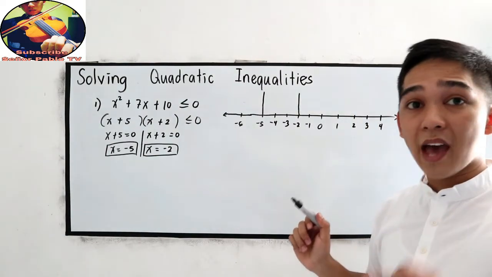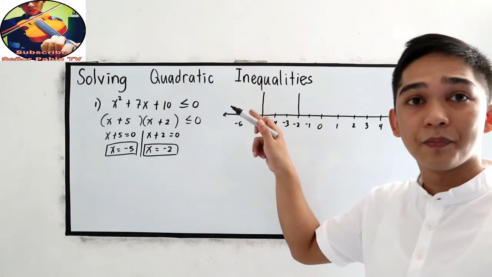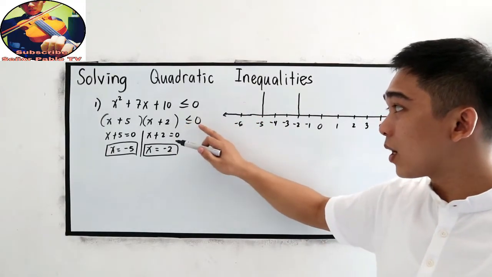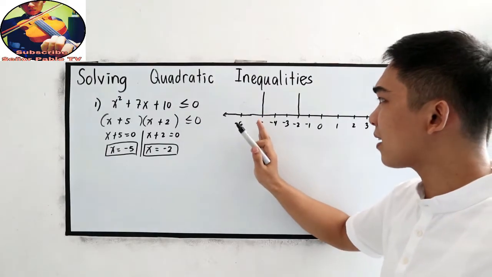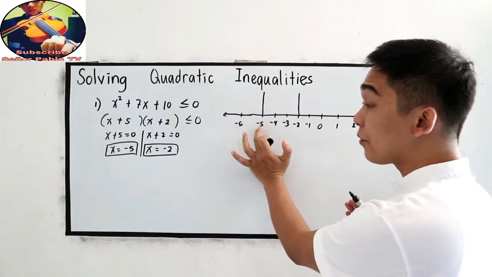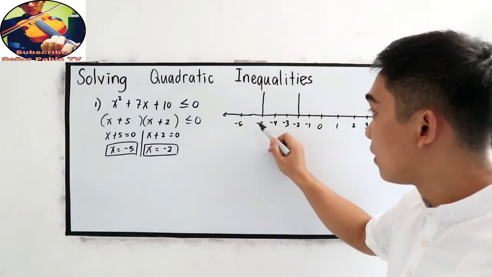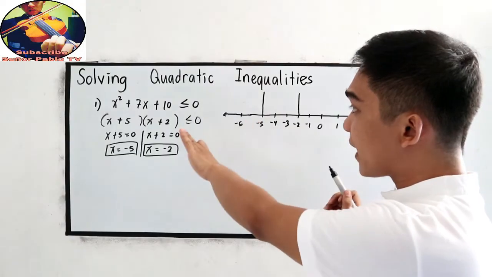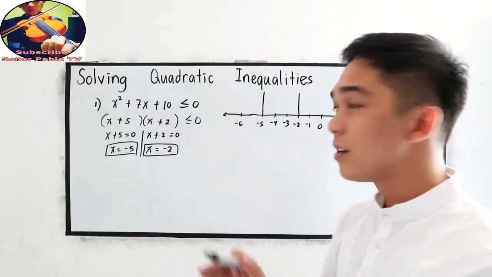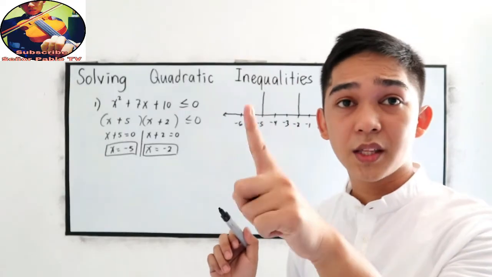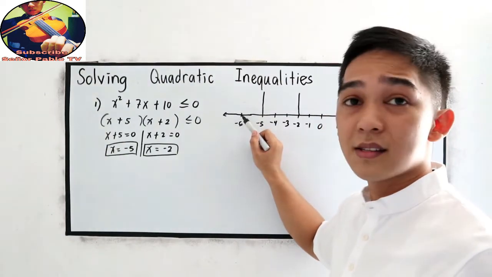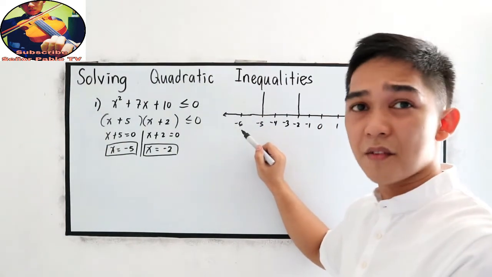Now, let us test our inequality, less than or equal to 0. So, let us check the numbers on the left side of our negative 5 first. Of course, on the left side of negative 5, we have negative 6, negative 7, negative 8. So, let us check one number on the left side. Let us check negative 6, or if you want negative 7, that's okay.